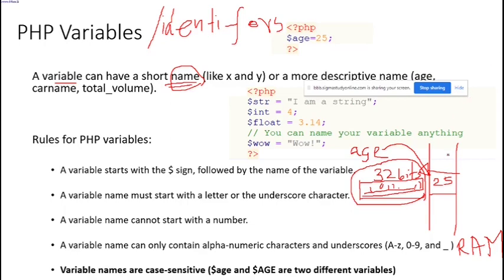And the value in this memory can be changed. Later you can put 35, or a different value can be placed. Therefore, this identifier is called a variable also, because the value is varying from time to time. It is not fixed. It is changing the value in the memory. Since they are changing, we call them variables, and since this one is used to identify the memory, we call them identifiers.